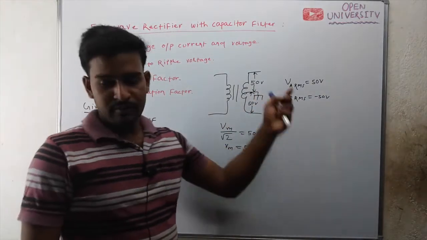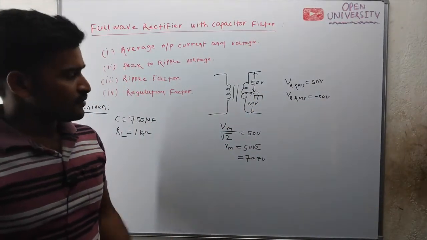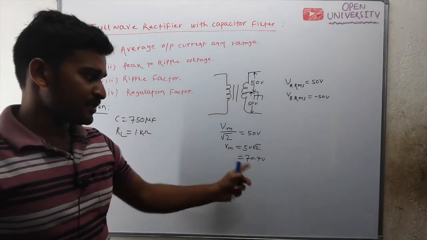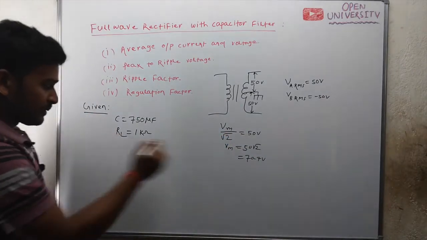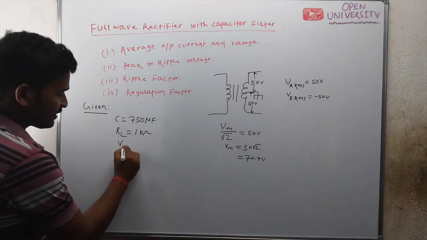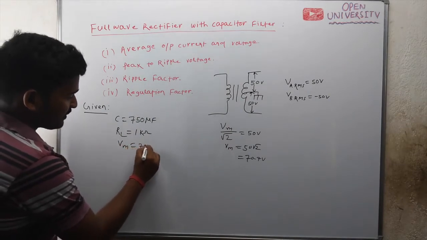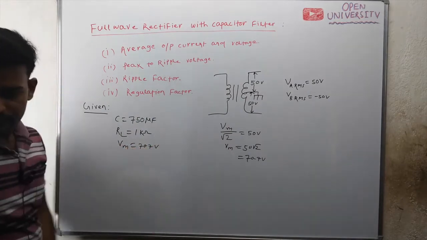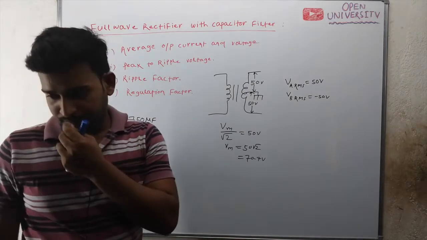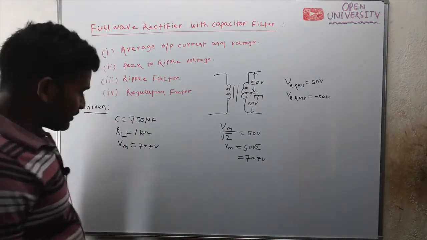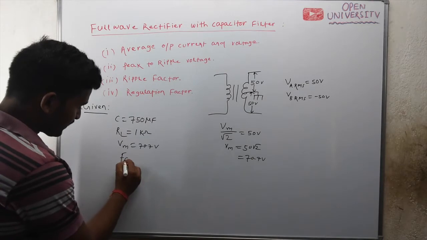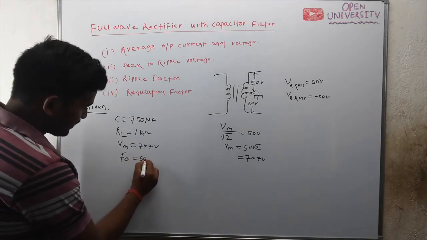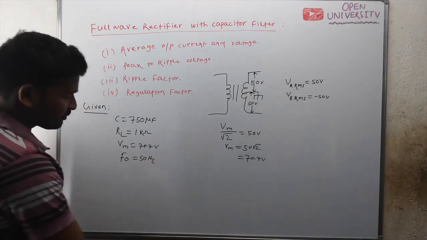VA and VB are both sinusoidal signals, so the RMS value Vm by root 2 is 50, and Vm is 70.7 volt. The input frequency is 50 hertz. Line frequency is nothing but input frequency.